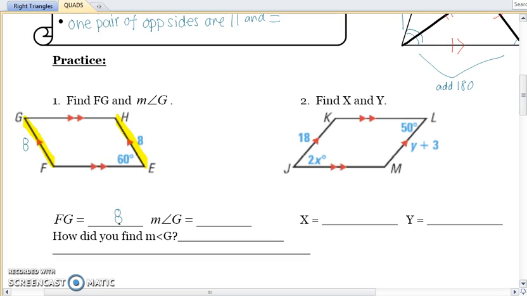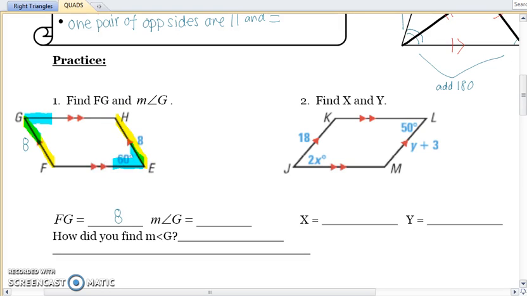Now we're talking about angle measures. We know angle measures within our quadrilateral that opposite angles are congruent and same side angles are supplementary. So if we're asked to find the measure of angle G, we either need to know F or H. In that case, we don't, so we can just look directly across at the opposite angle.